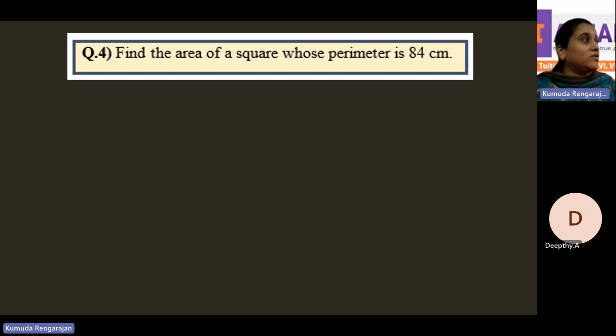Okay, so Satakshi has got it right. Very good. Deepthi, are you there? You said you got the answer. Yeah, so Satakshi's got it right. So she's first found the side of the square.